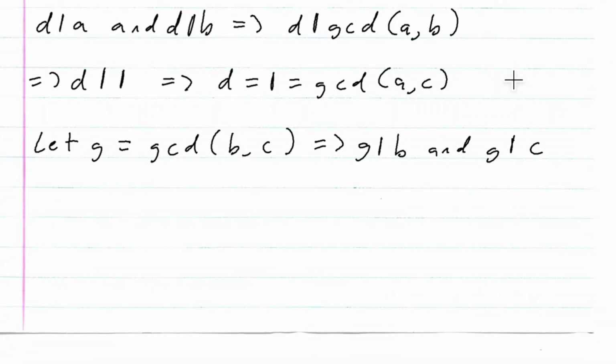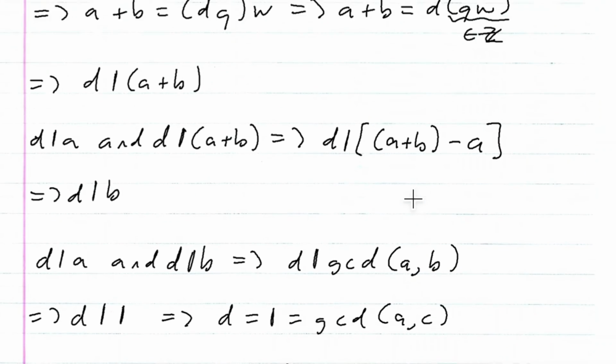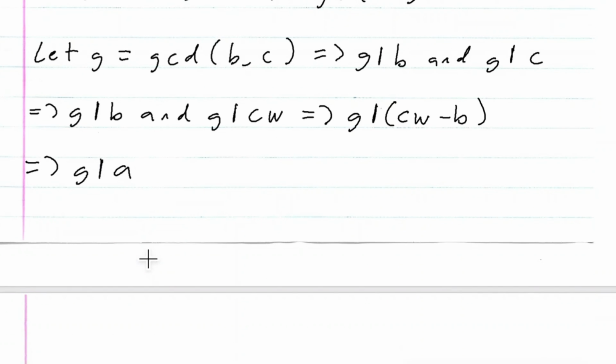So now I know this also means that G divides B and G divides CW. So this means that G divides their difference, right? So let me go back. CW minus B, so G divides CW minus B, or better yet, G divides A. So let me go to the next page.